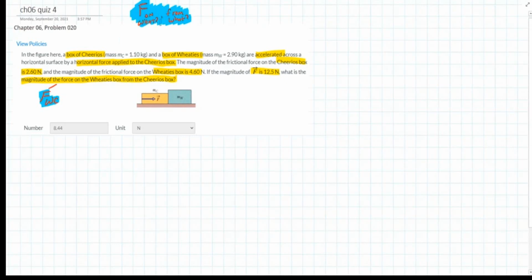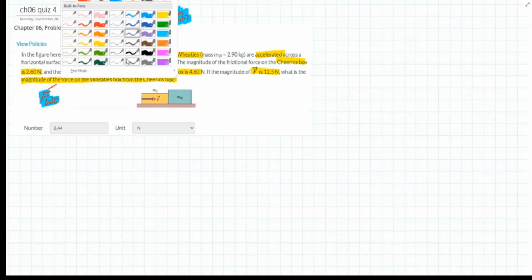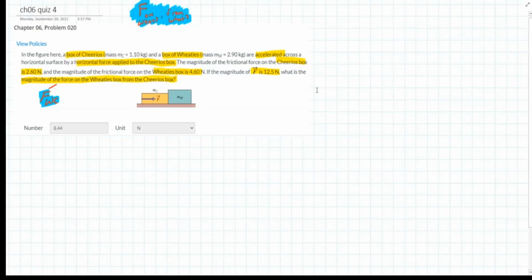All right, so let's do a free body diagram. Let's do the whole force analysis. It all starts with the free body diagram. There's my floor.